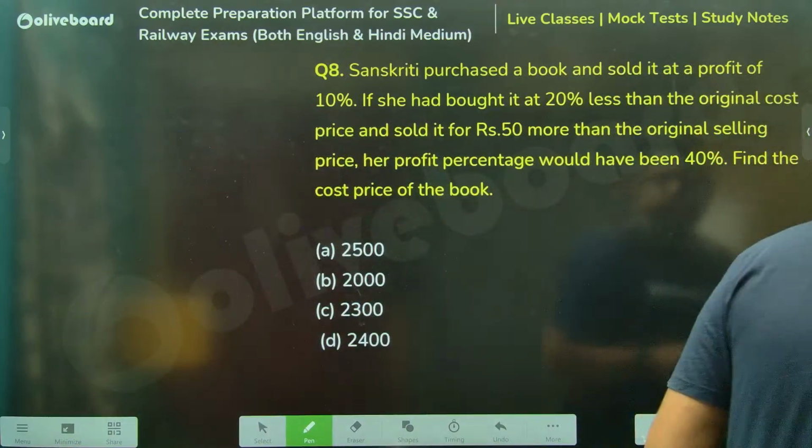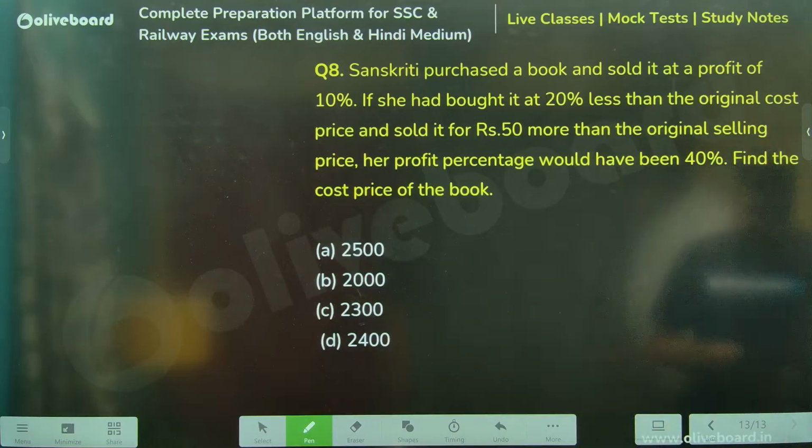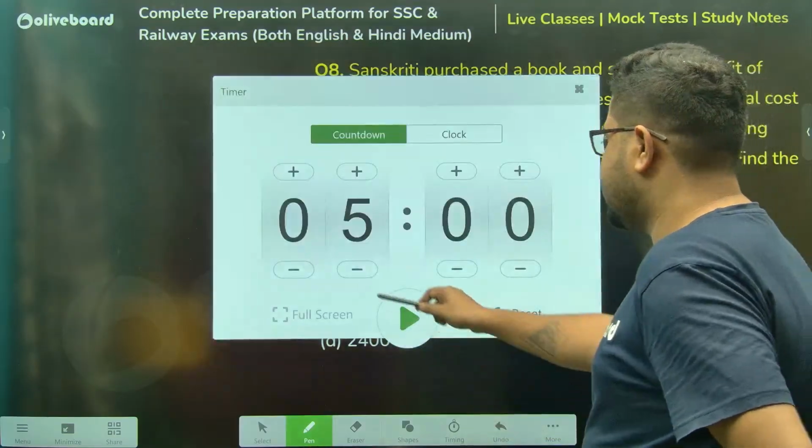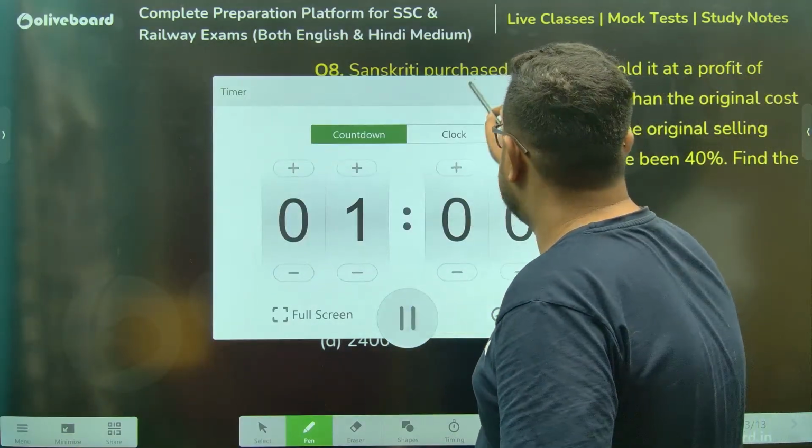Let's do one more. This is another question. Everybody, please solve. I'll give you a minute's time. I've not given you a timer, but again, okay, you want a timer? I'll give you the timer.